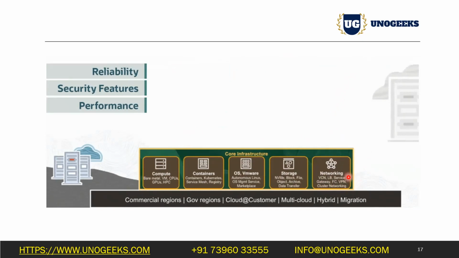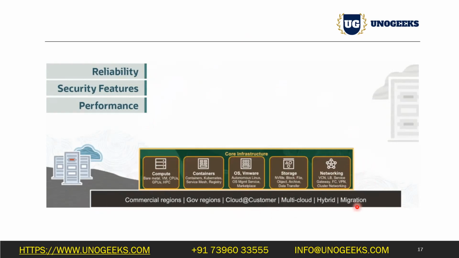And OCI provides the broadest and deepest set of network services with the highest reliability, the most secure features, and the highest performance. So these are some of the core services which are available in OCI.